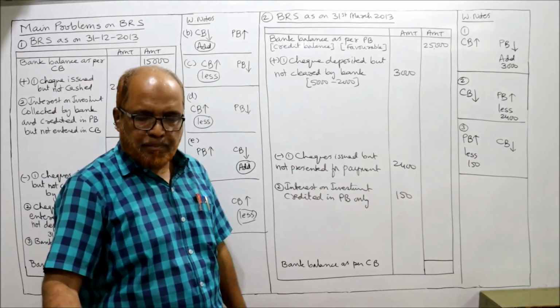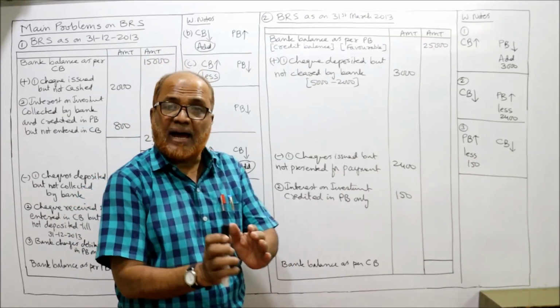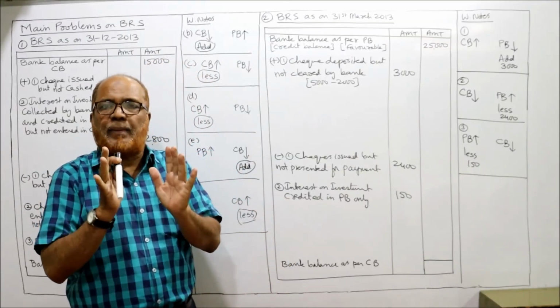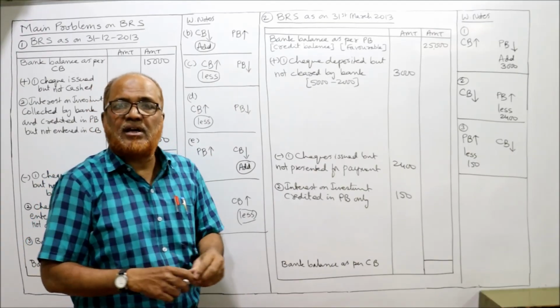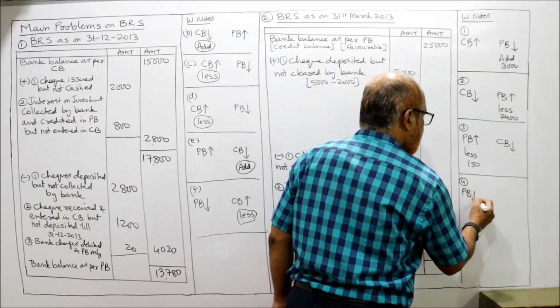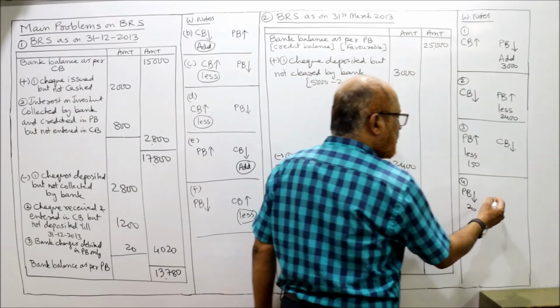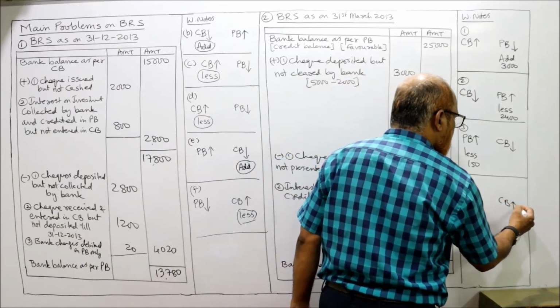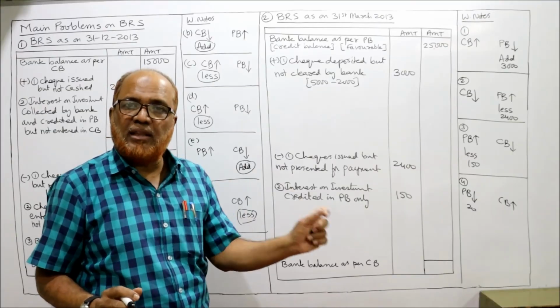Similarly, 20 rupees bank charges debited only in the passbook. So when the passbook is debited, passbook balance has decreased by 20 rupees. Cash book balance still shows more balance because this is not recorded in the cash book. It is recorded only in the passbook.